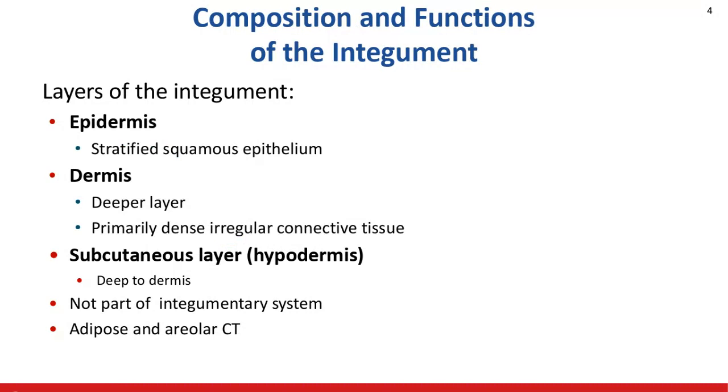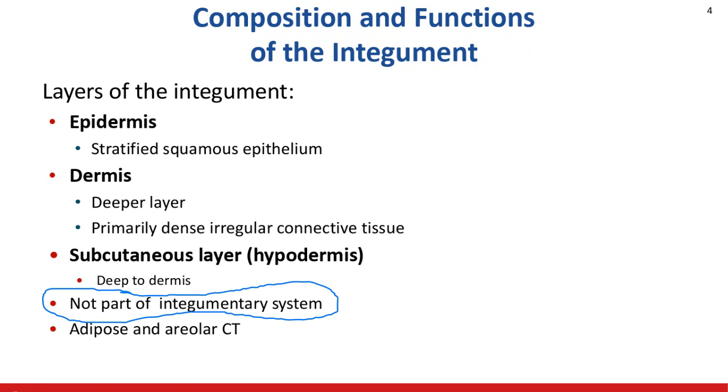So let's dive into the layers of the skin. You heard me talk about the first 2 layers, right? The epidermis, which is the outer layer, and then the inner layer, which is the dermis. Now, here is a very important point. You need to star this. The subcutaneous layer, which is the layer that's below the dermis, is not part of the integumentary system, okay?